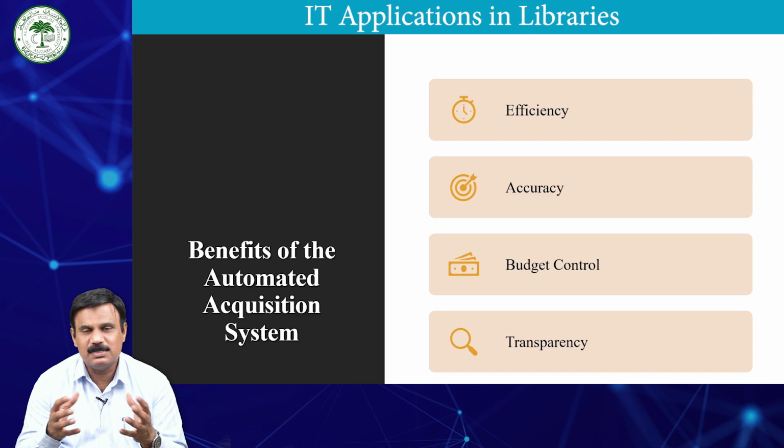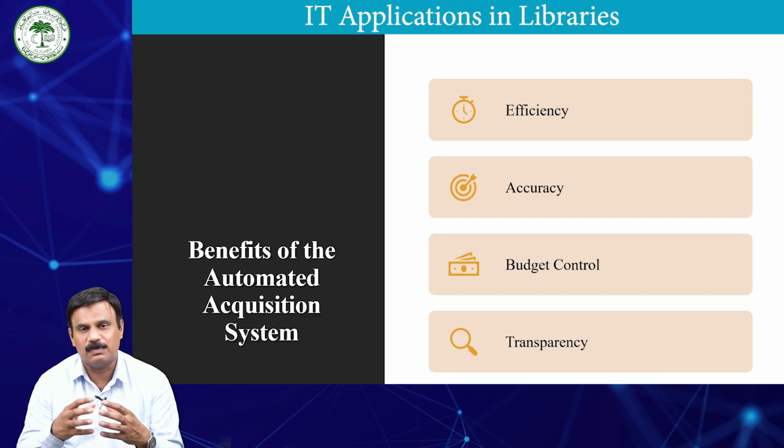And accuracy is another important aspect of the automated acquisition section. The system is controlled by the computer and a set of programs, so the result will always be accurate. And we will have proper budget control over it. The budget control section of the acquisition module will take care of the budget.